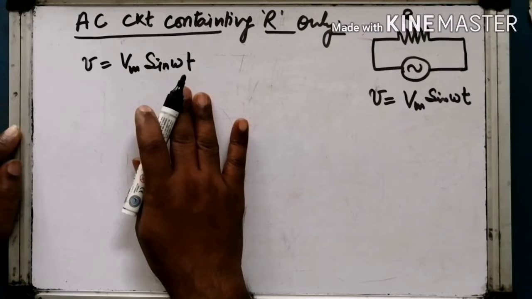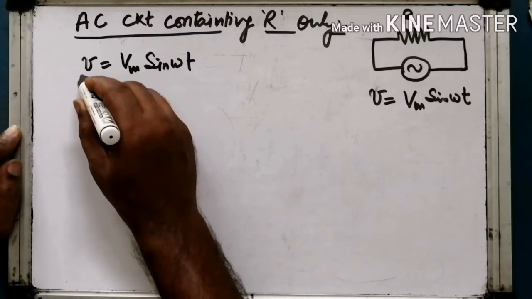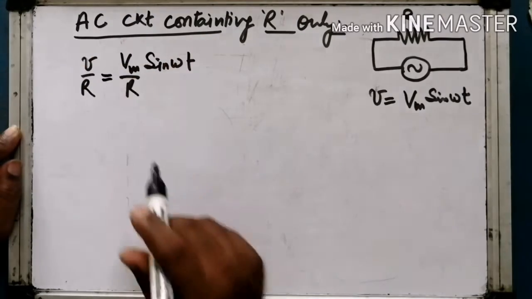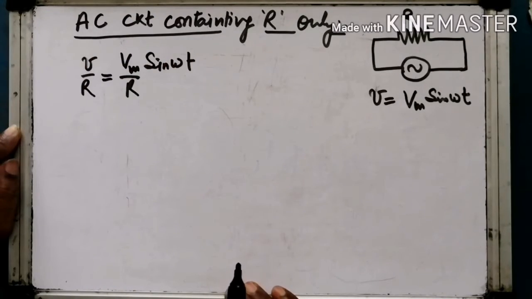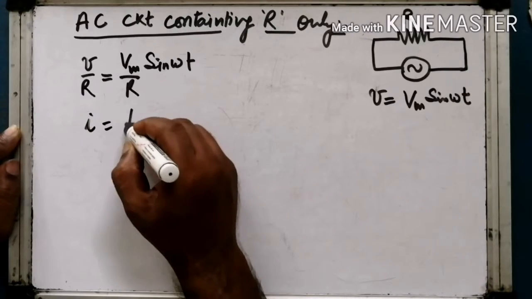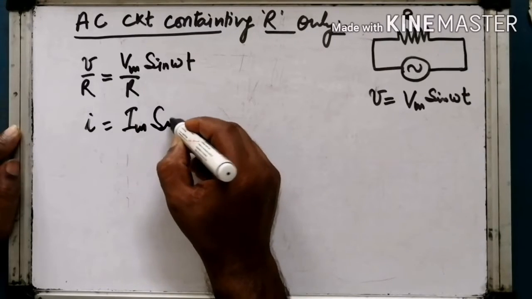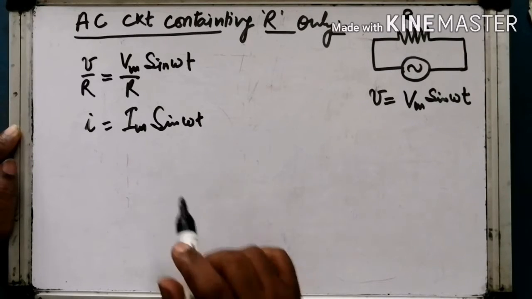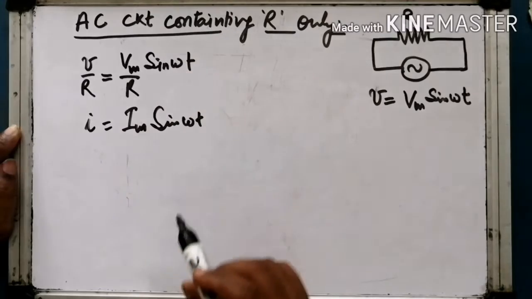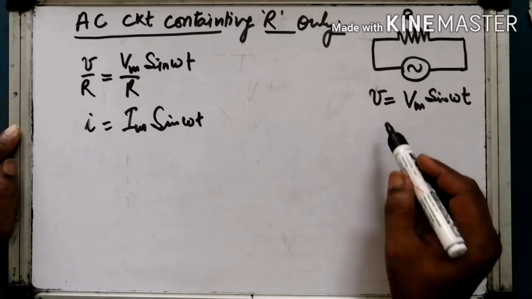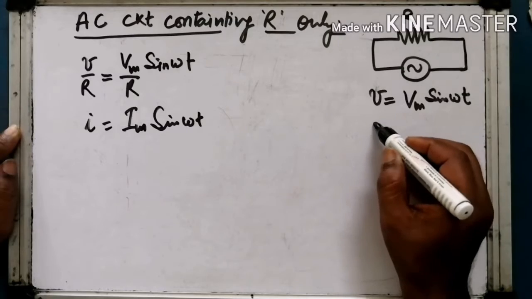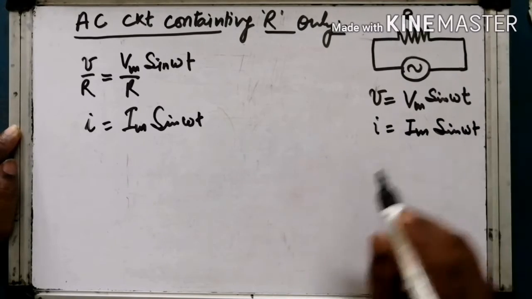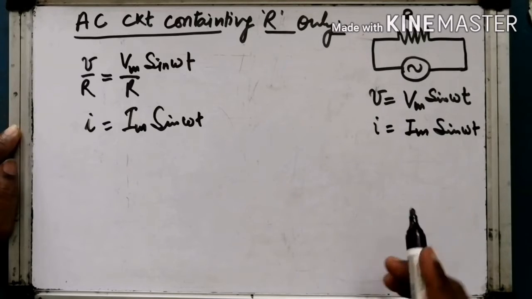If we divide it by R, it becomes V divided by R equal to V maximum divided by R into sin omega t, and it becomes I equal to I maximum sin omega t, right? So in the case of the AC circuit containing resistance only, the equations are V equal to Vm sin omega t and I equal to I maximum sin omega t, right?